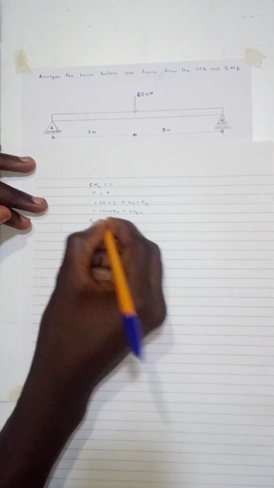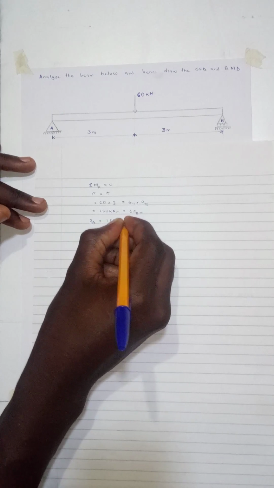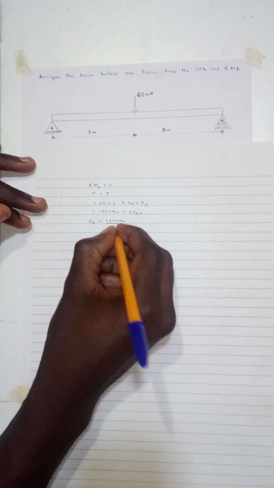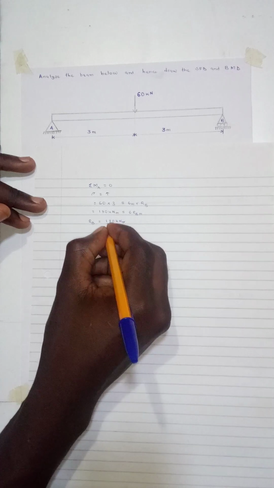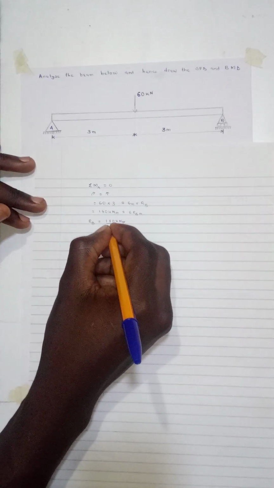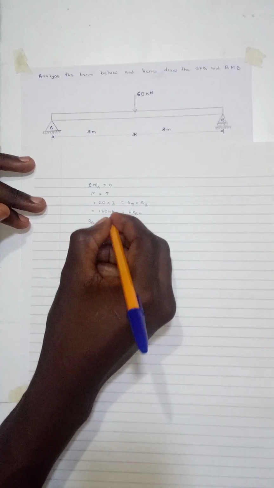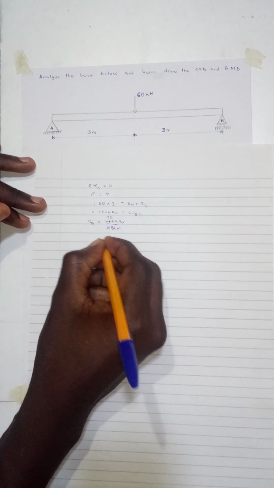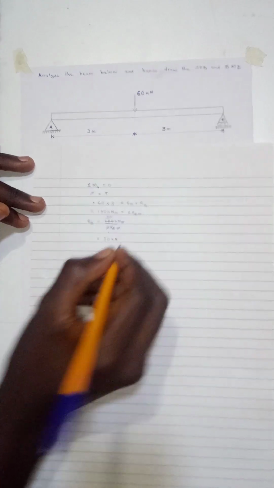RB is equal to 180 kilonewton meter over 6 meter. The meter is going to cancel with the meter, and 6 goes into 180 30 times. So RB is equal to 30 kilonewton.